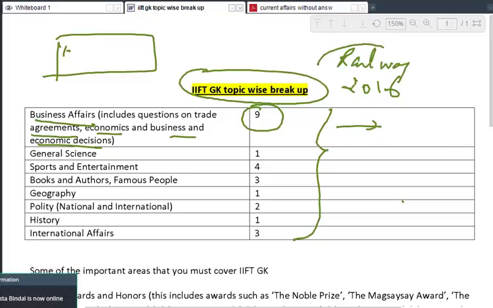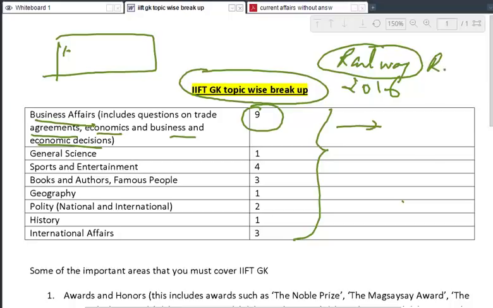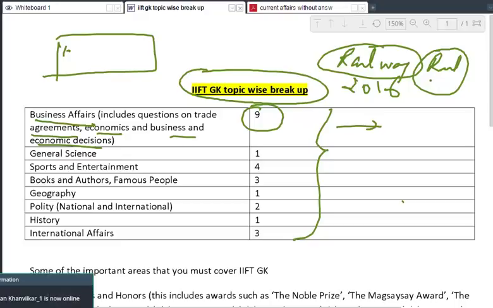The rail budget was merged with the union budget for the first time. So there could be a question on who presented the rail budget this year, and the answer would be that it was merged with the union budget, and therefore there was no separate rail budget. So that is likely to become a question.